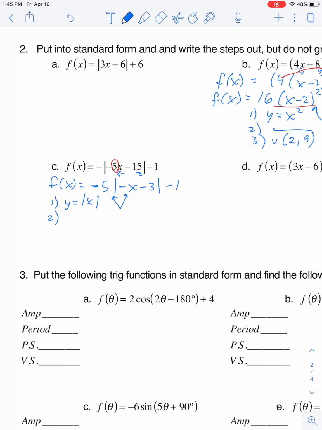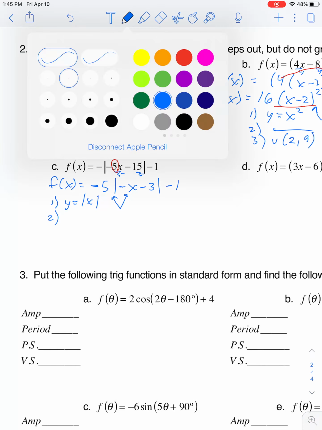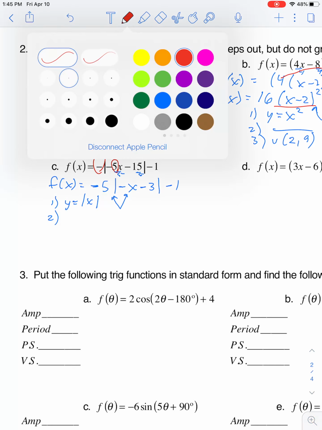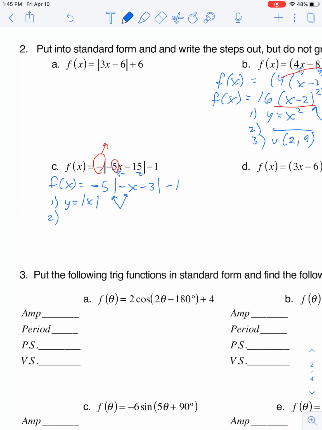The second part, the negative is on the outside there. That negative on the outside means reflecting in the x-axis. So I just put it here as a shortcut for that. So that tells me I'm reflecting in the x-axis, which means my graph will then be going down.